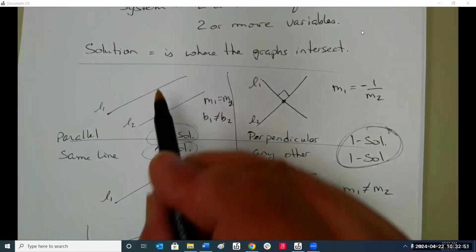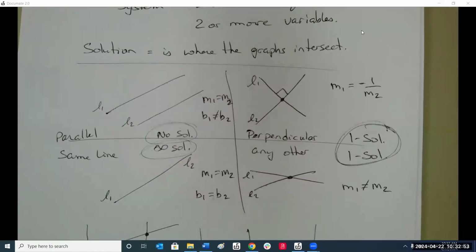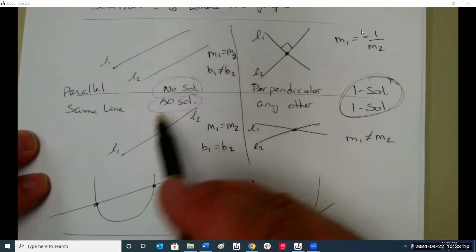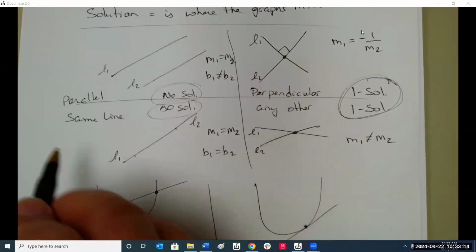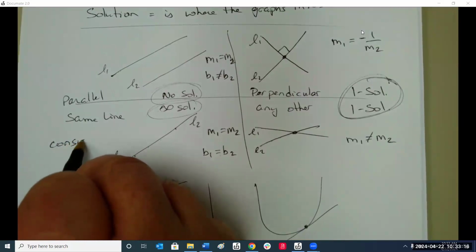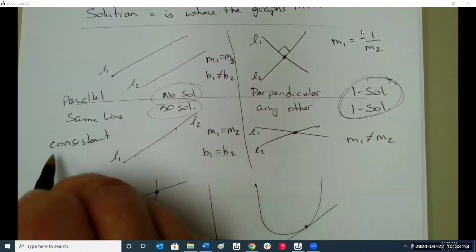As opposed to if they're parallel, they're inconsistent, meaning they're not going to cross, and they're independent, meaning that they're going to do what they want. And one doesn't affect the other. And the last one, if they're the same line, they're going to be consistent because they have solutions, but dependent.